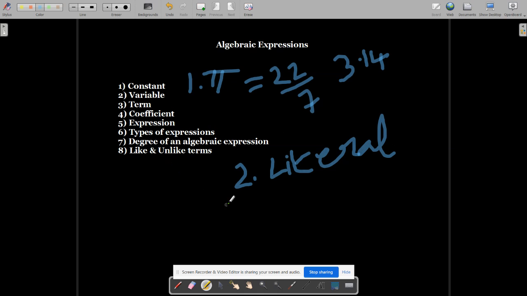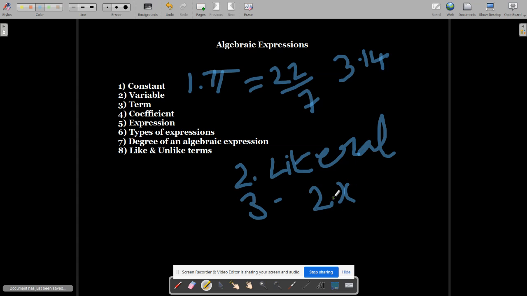Next is term. A combination of a numeral and a literal, or alone a literal, or alone a numeral is called a term. For example, if I write 2x, here 2 is a numeral and x is a literal.